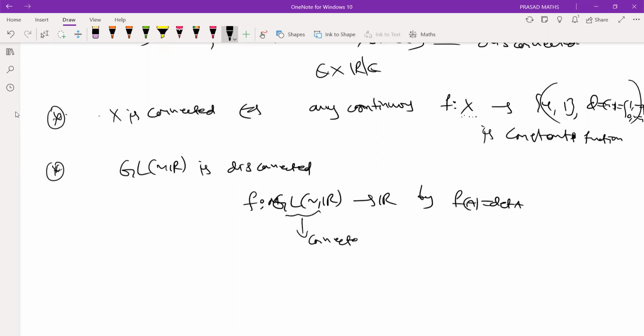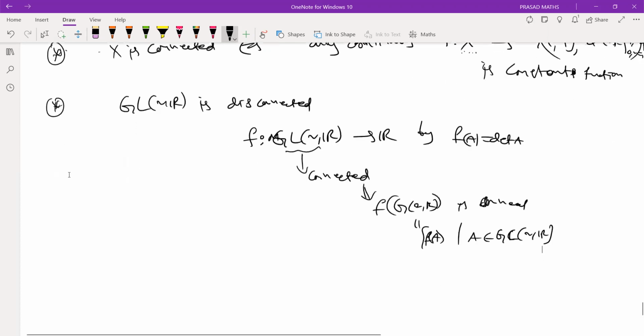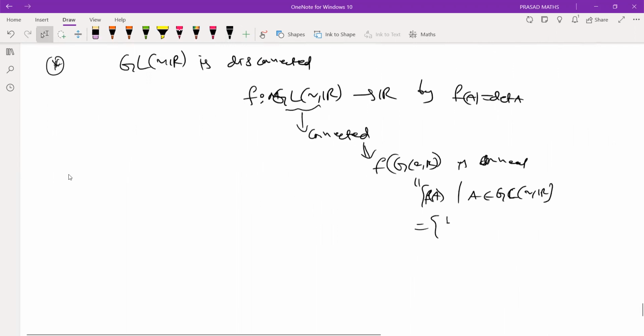What happens? The continuous image of a connected set is connected. Therefore, f of the general linear group is connected. But what is this? This is precisely the image of this set, such that A belongs to the general linear group. But f of A is nothing but det of A, such that A is an element of the general linear group.